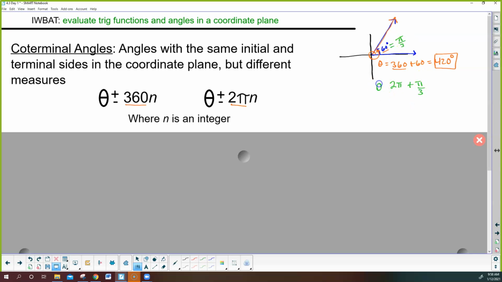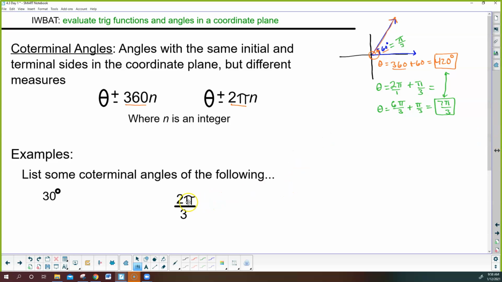The downfall with this is you have to get like denominators before you can add them. So I would need to times this by 3. So I would have 6 pi over 3 plus 1 pi over 3, and 7 pi over 3 would be coterminal with the original pi over 3, which means 420 degrees and 7 pi over 3 are the same thing. We're going to get a lot more exposure to this. I just wanted to show you what this notation meant.